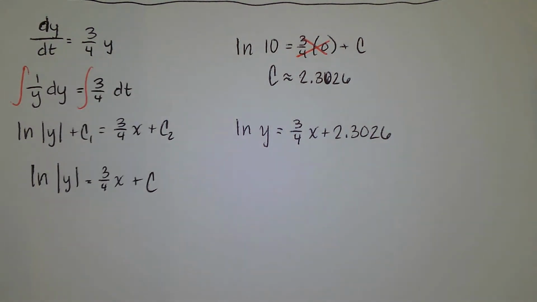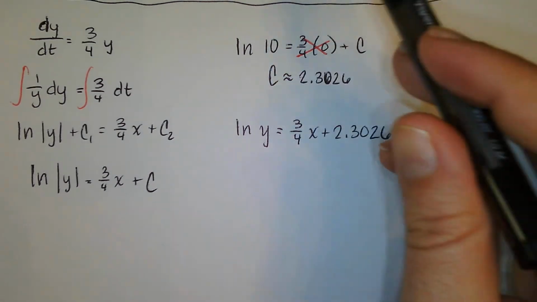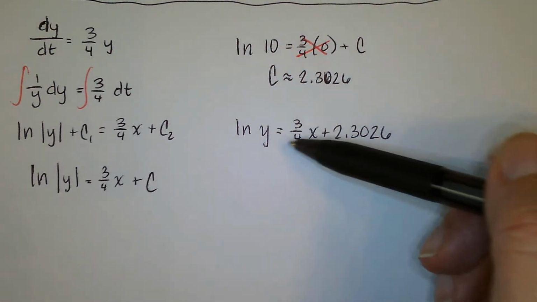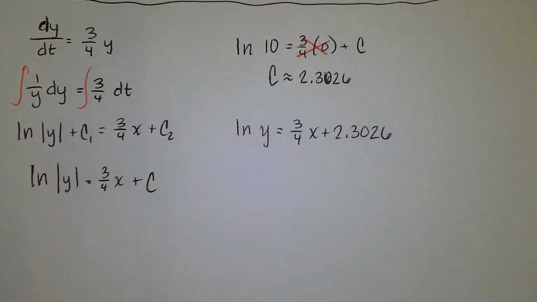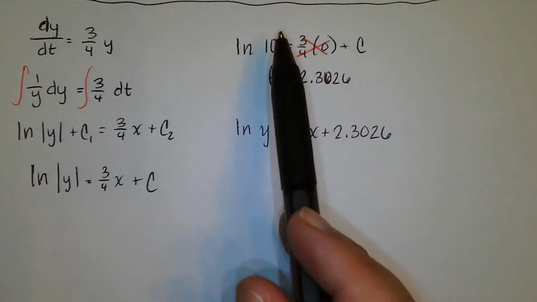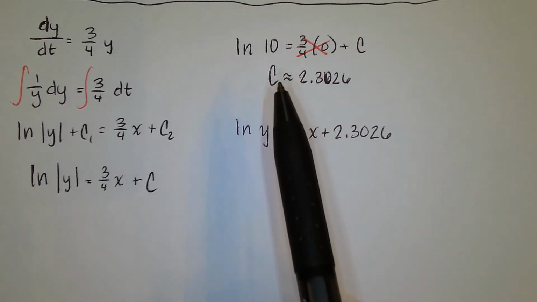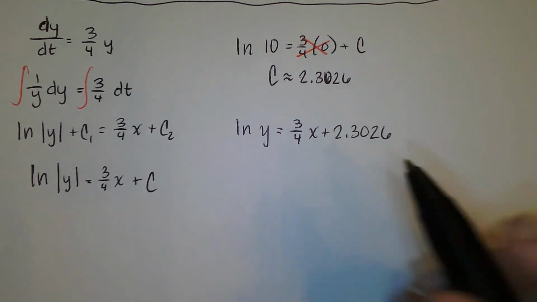All right, now if we wanted to actually put this into y equals form because we wanted to treat it like a function, we could actually do that. It would get a little bit more complex, but if we want to have it in function notation, we would have to do that. And the only reason I'm saying that is because our initial thing said y is equal to f of t, so we're looking for a function.